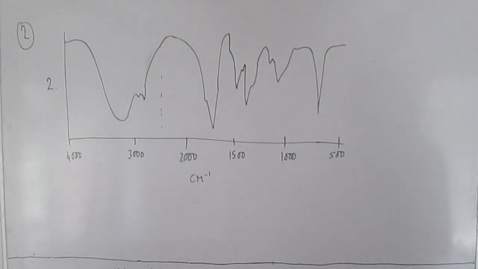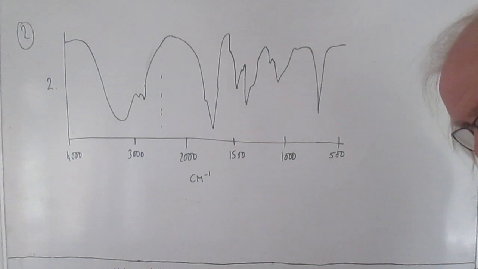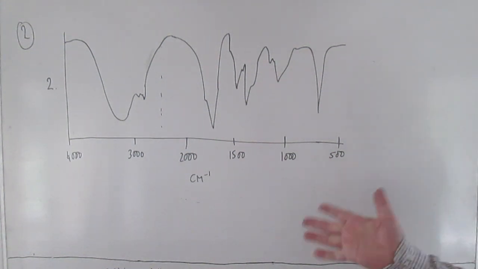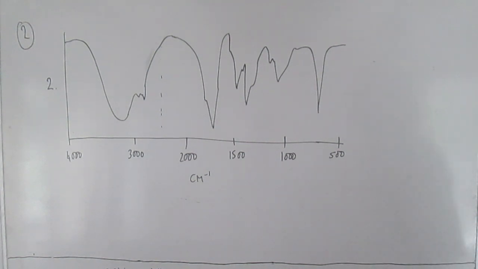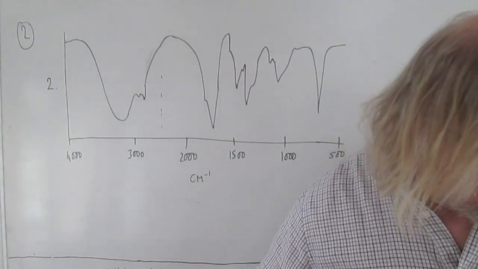So spectrum number 2 actually shows you what a carboxylic acid spectrum looks like. And again, the important thing is to match it to the datasheet. Don't just look at the general shape and think, oh yeah, I'll remember that, because you've got to make sure that the peaks really do correspond to the right places.